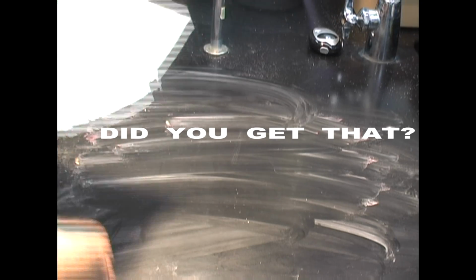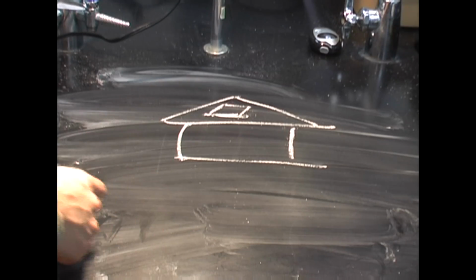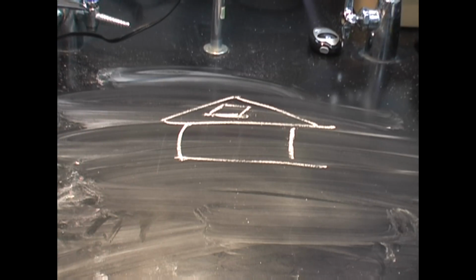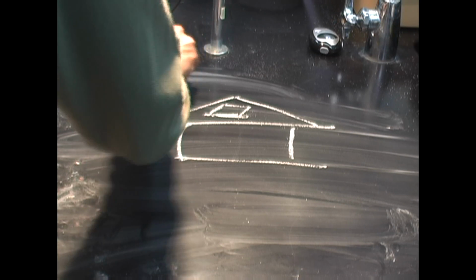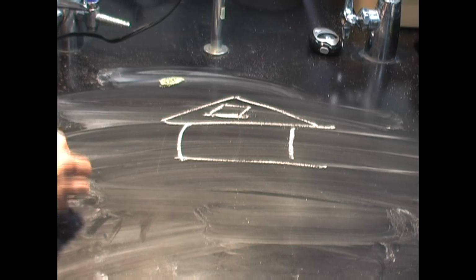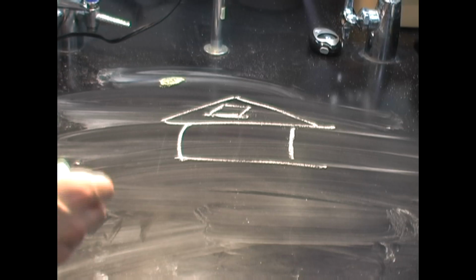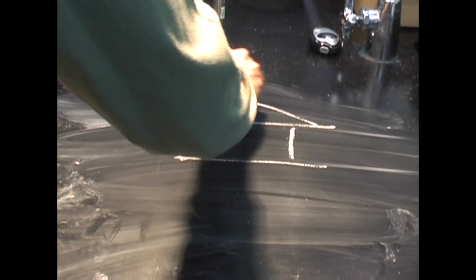So this is going to be a solar panel. And this panel is not absorbing heat. Rather, it's absorbing light. The first example was absorbing heat. This is absorbing light. Photo means light. So heat, light.